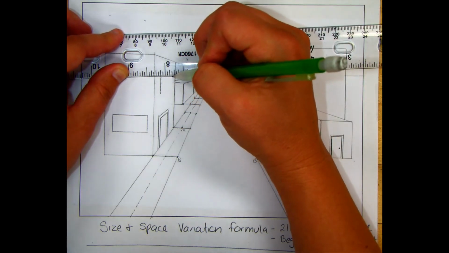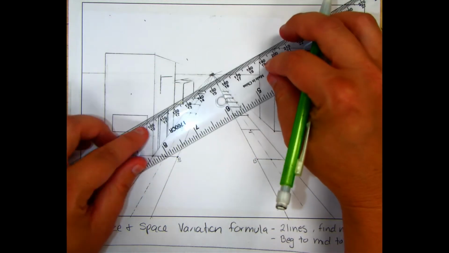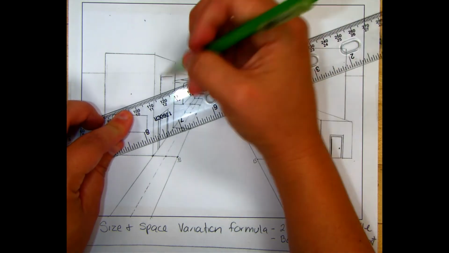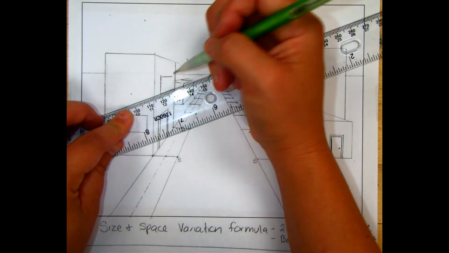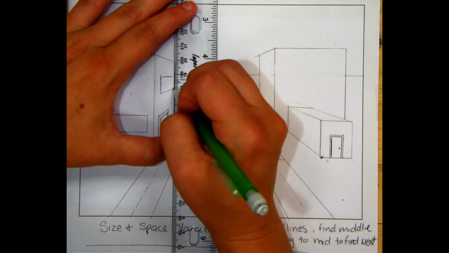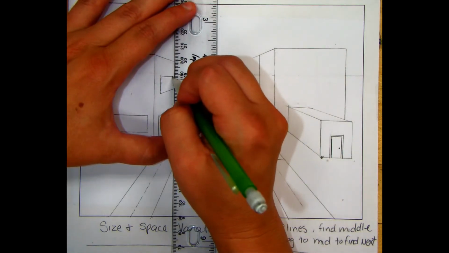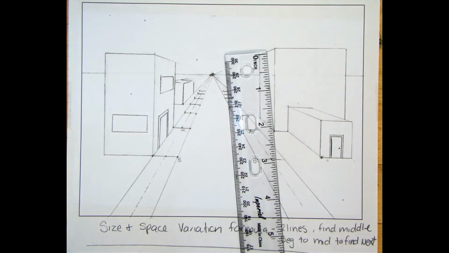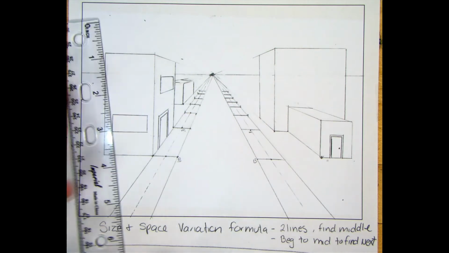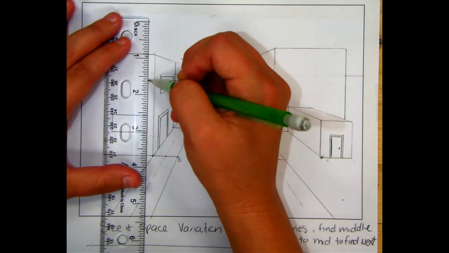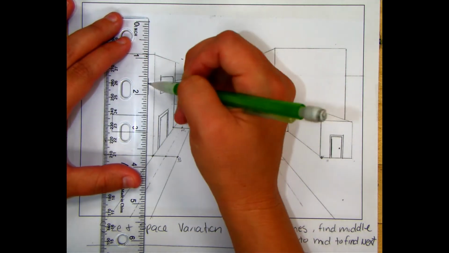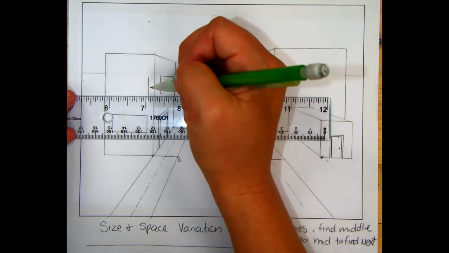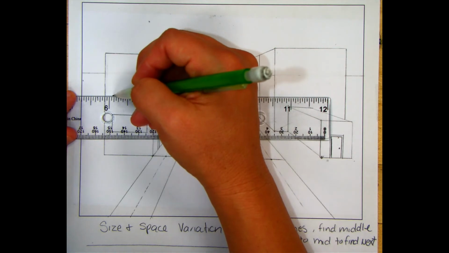The top and the bottom go to that vanishing point. They're normally horizontal, but since they're going away from us, we're going to take them to that vanishing point. So I can repeat that up here for another window, just to make it make sense as a building.